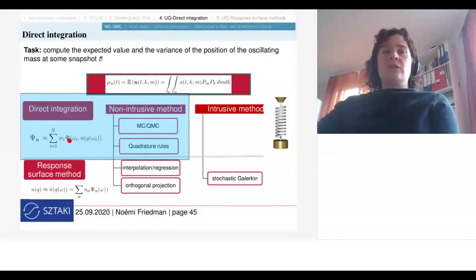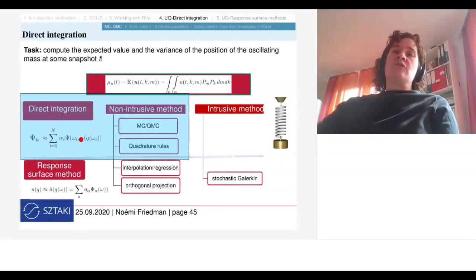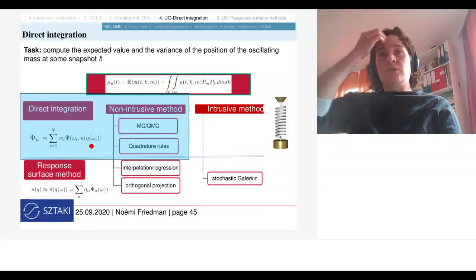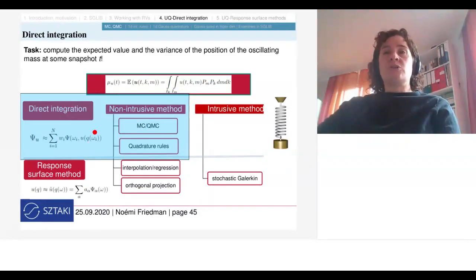And then you need to evaluate the response U, or psi, if it's a function of U that you want the mean value of, by taking this response with the different sampled values, computing the solution, multiplying it with its weight, and summing them all up. And then you get a Monte Carlo estimate of the mean of the solution.